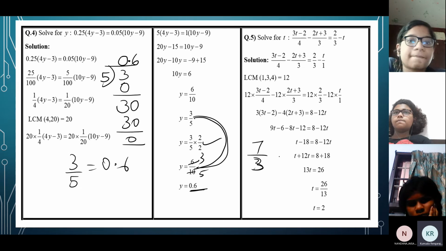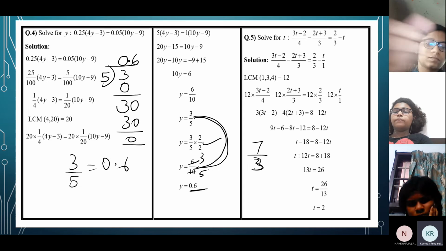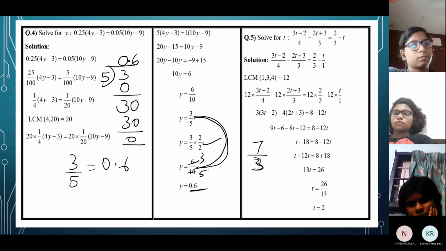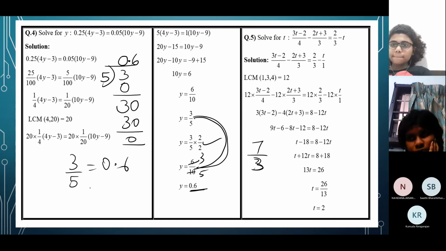You cannot bring 3 to 10 or 100 or 1000. 3 multiplied by no number will give you 10, 100, 1000. In this case, you have to divide. So sometimes you can bring the denominator to 10 or 100. In such cases, you can use this method.